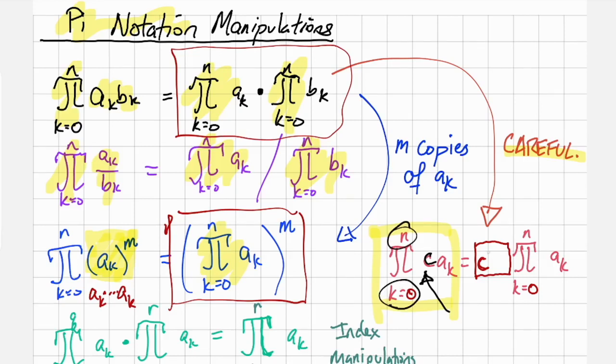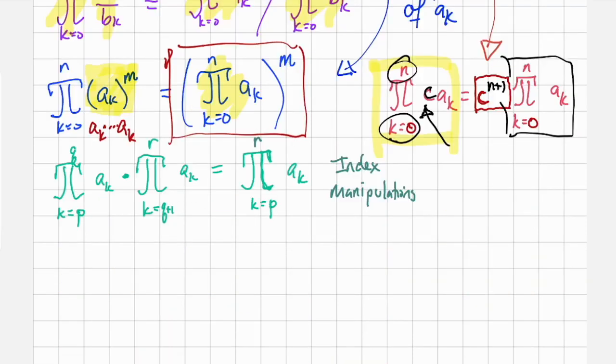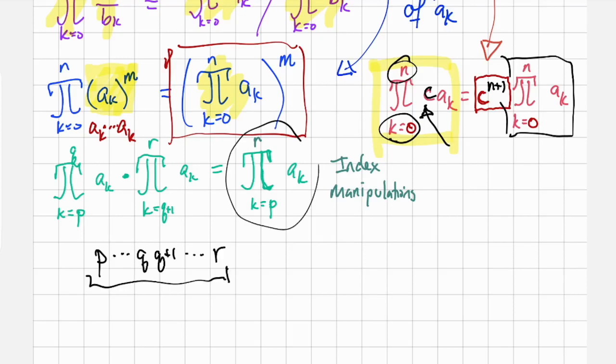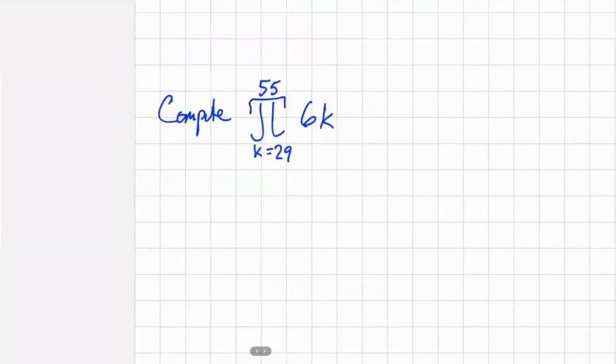So there's n plus 1 factors of c that are all multiplied by this individual product from k equals 0 to n of a sub k. And just as with summation notation, if we have multiple products whose indices are compatible, then the product of those individual products can be assembled to form one product where the indices start off at p and go all the way to r. Again, let's do some examples.